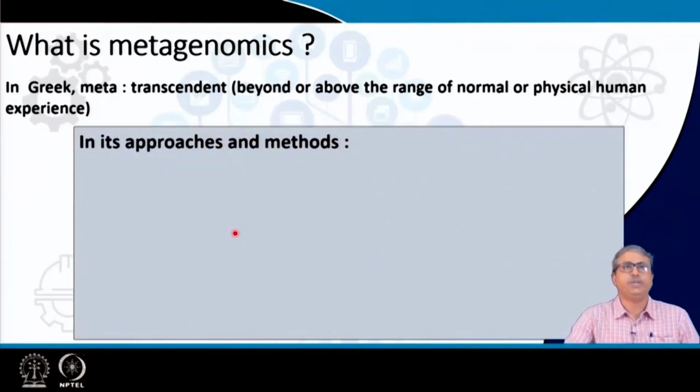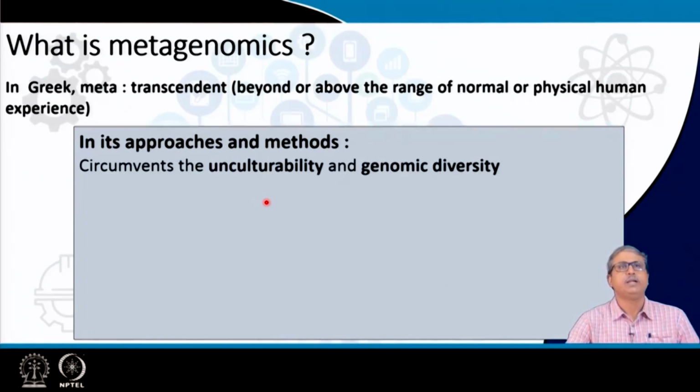As a research field or a research technique, we can see that it has actually diversified, as I mentioned, into two different directions or two different components. In one of the components, that is basically targeting the methods and approaches, it helps us to circumvent the unculturability and the genomic diversity.